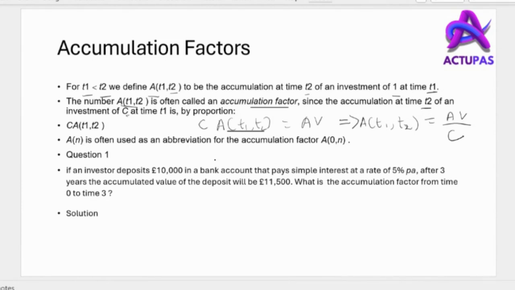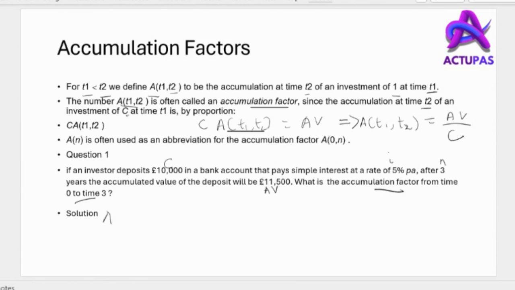The question to help us understand this: if an investor deposits 10,000, this is C, in a bank account that pays simple interest of 5%, this is I, after 3 years, this is N, the accumulated value of the deposit becomes 11,500, this is AV. What is the accumulation factor from time 0 to time 3?